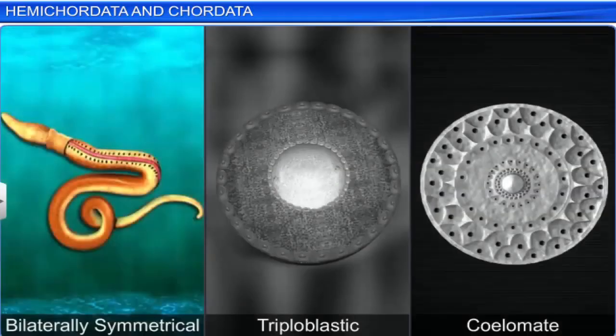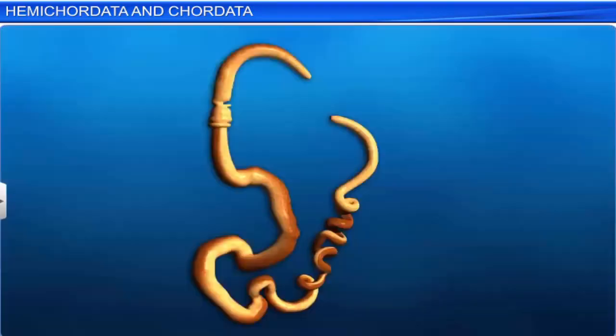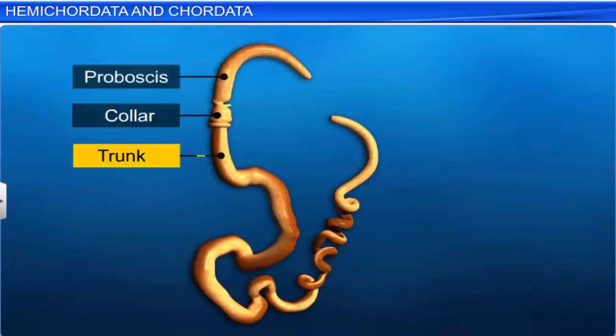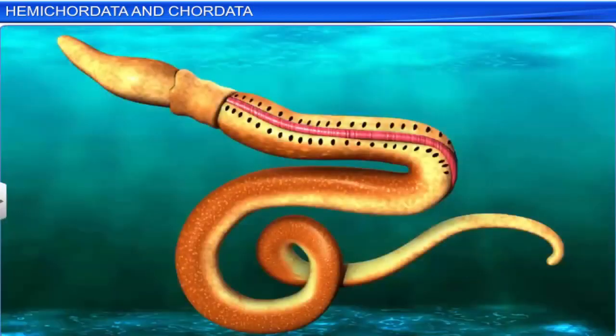They are bilaterally symmetrical, triploblastic, coelomate animals with an organ system level of organization. Their cylindrical body is divided into proboscis, collar, and trunk. Hemichordates respire through gills and have an open circulatory system.